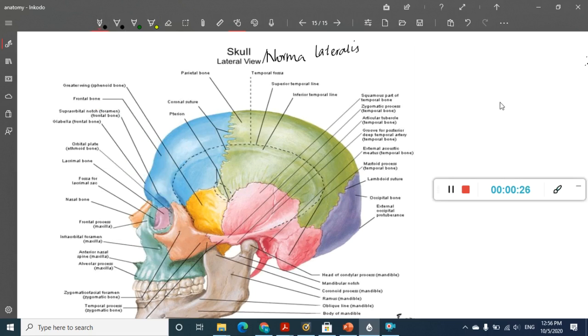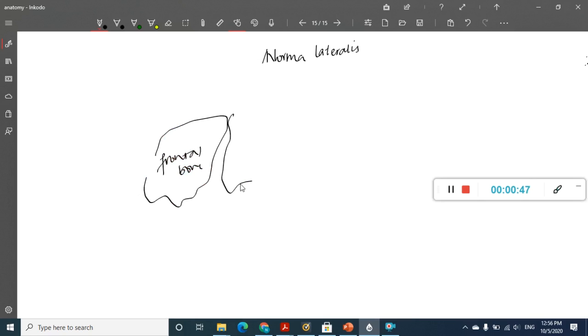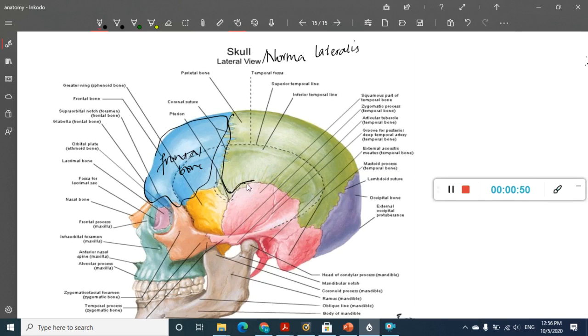So the bones which are seen in the lateral wall of the skull include, first, the frontal bone. What is this bone called?